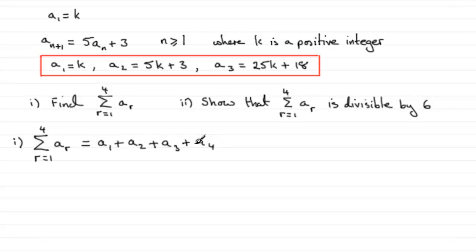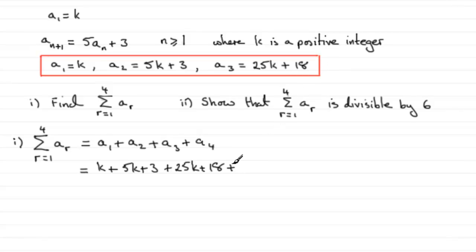Now all we need to do is put in the values for each of these terms in the sequence. So we know that A1 is k, we know that A2 is 5k plus 3. I could put that in brackets if I wanted to, but it doesn't really make any odds. A3 is 25k plus 18, but we've got A4 here and we haven't worked that out as such.